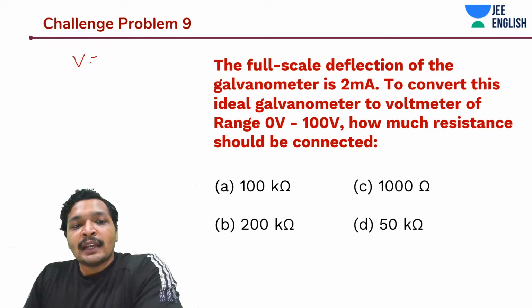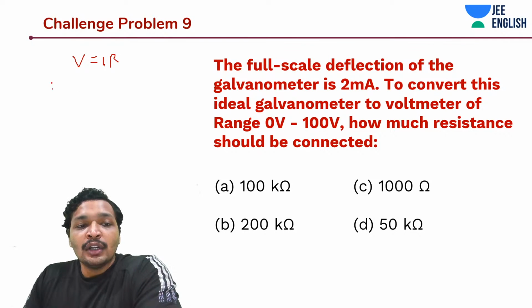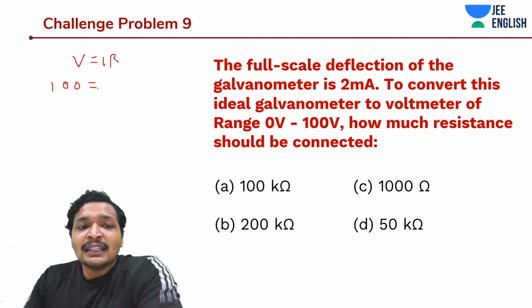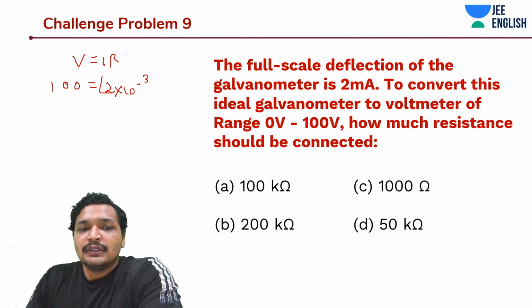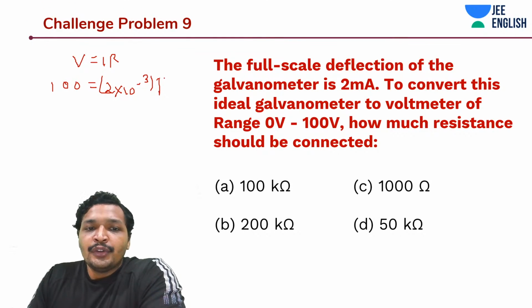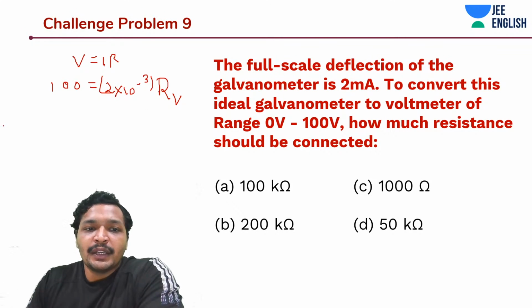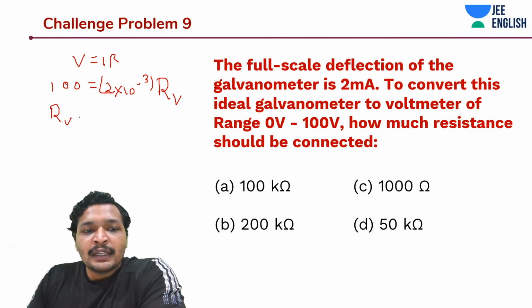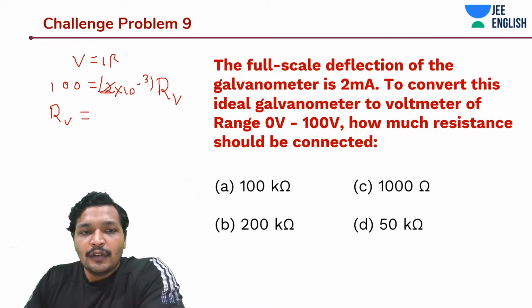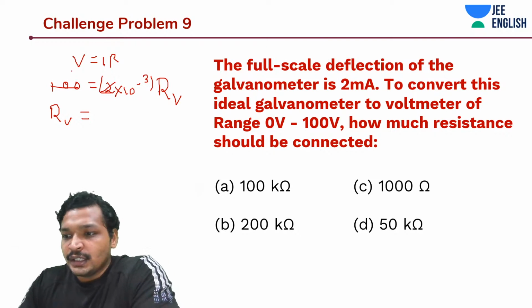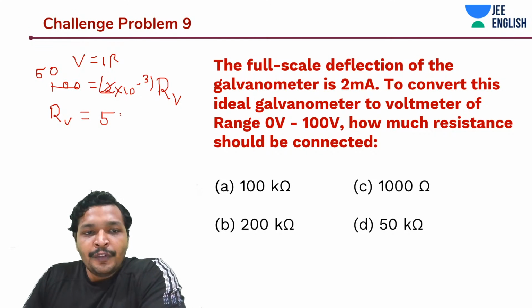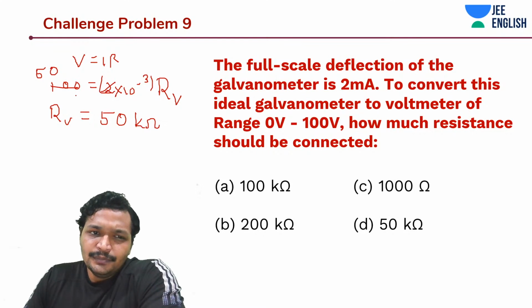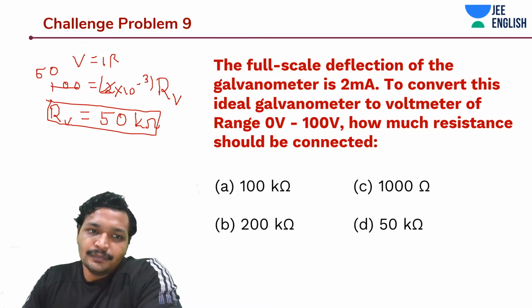So V is equal to IR means 100 volt, and the current is 2 milliampere only, right? 2 into 10 to the power minus 3 into the resistance of your voltmeter. So your voltmeter resistance should be 50 kilo ohms. Yes, it's T. Should be 50 kilo ohms. That is it. There's nothing in this.